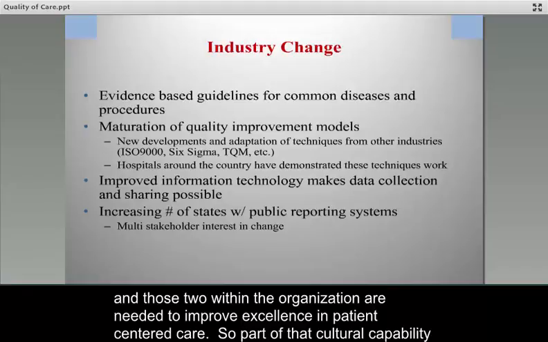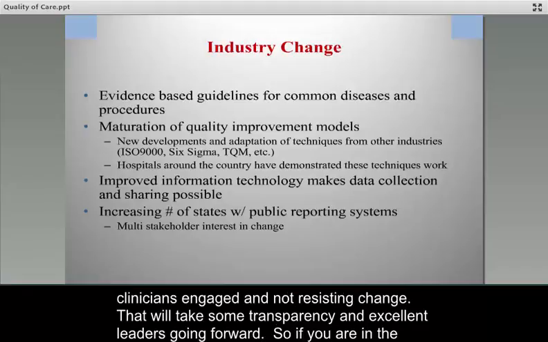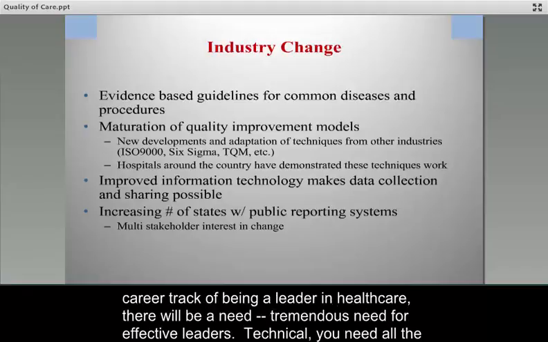So part of that cultural capability is aligning the vision and the mission and the strategic plan of the organization, having a board that's engaged, having clinicians engaged and not resisting change. That will take some transparency and excellent leaders going forward. So if you are in the career track of being a leader in healthcare, there will be a need, tremendous need for effective leaders.